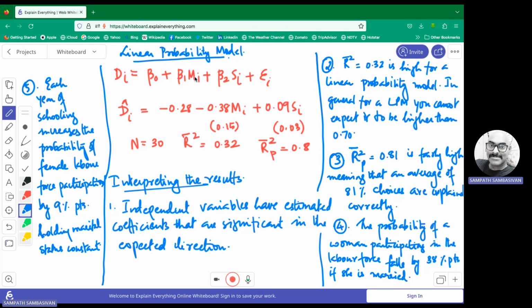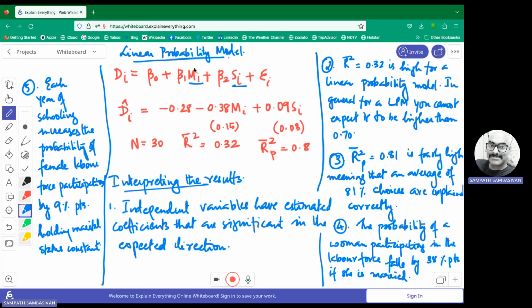So what would be the hypothesized signs of both these variables? If you take the case of Mi and Si, what do you mean by hypothesized signs? The signs that we anticipate, the signs that we expect to have for these variables.